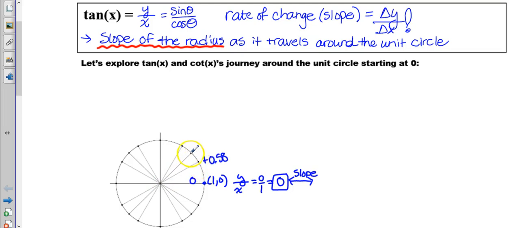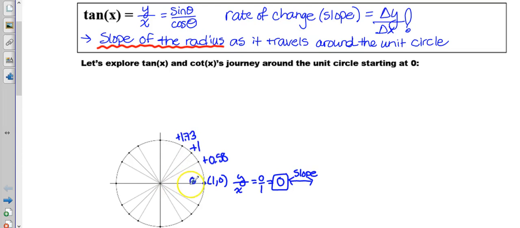When we got to 45 degrees, or pi divided by 4, tangent here, or the slope, is a slope of 1, a positive 1. Then when we arrive here at pi divided by 3, or a 60-degree angle, you found the tangent, or the change in y divided by change in x, to be a positive 1.73.